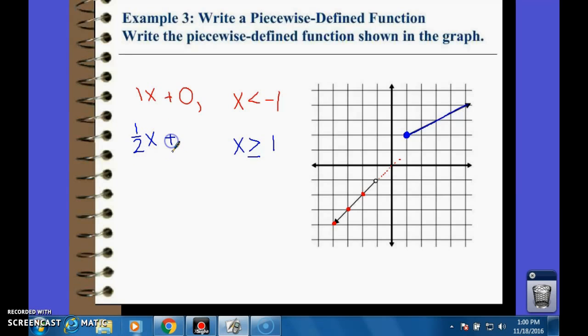And if I took that backwards, it'd be like down 1, left 2. If this continued that way, it goes through 3 halves or 1.5. I know, it's nasty. So your y-intercept is 3 halves. It's not hard, right? Just different.